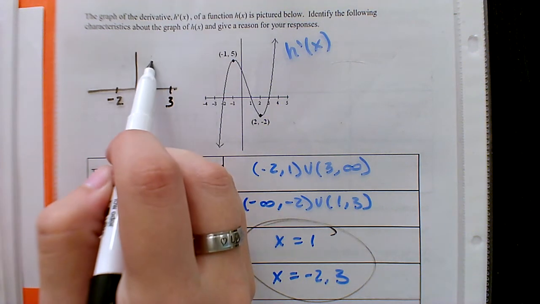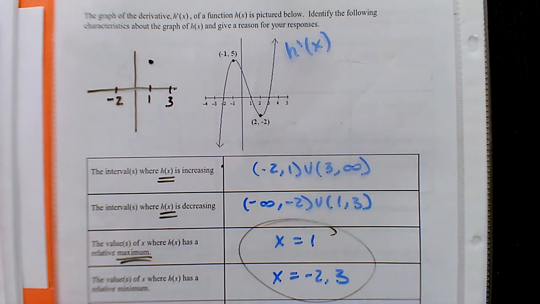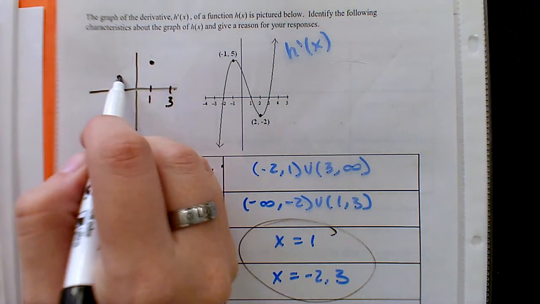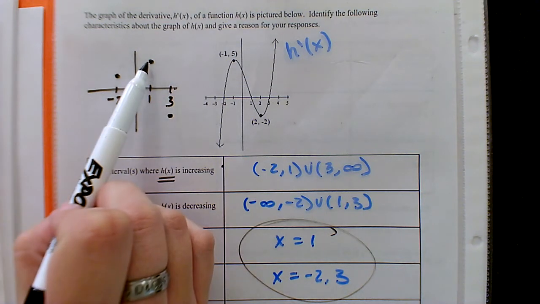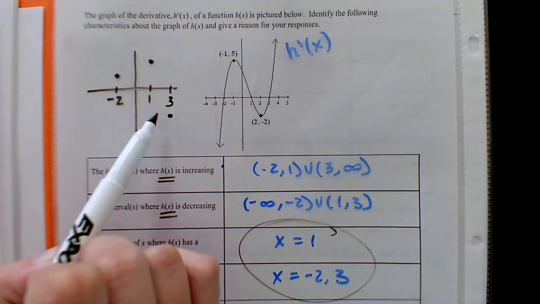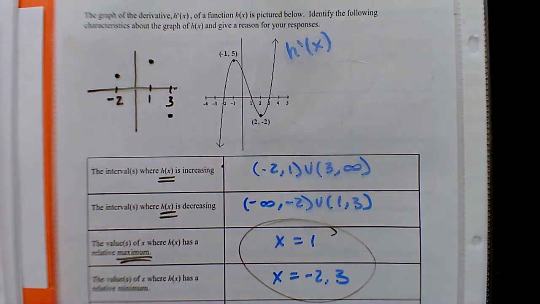So wherever we put that point at the x value of 1 needs to be higher than where we put the points at the x values of -2 and 3. So I'm just going to put points at those locations. I know this has to be a maximum and the other two are minimums, aka low points.